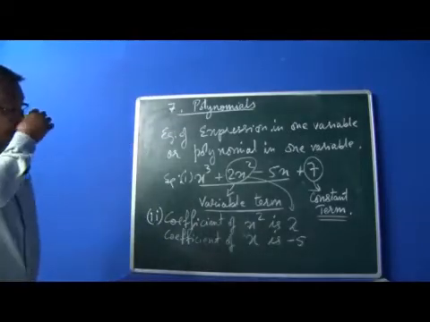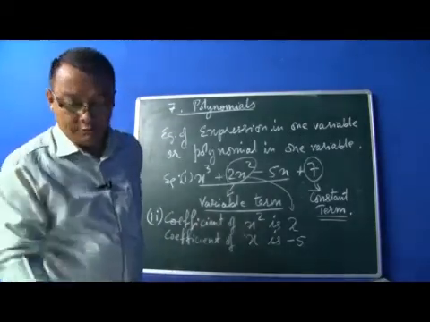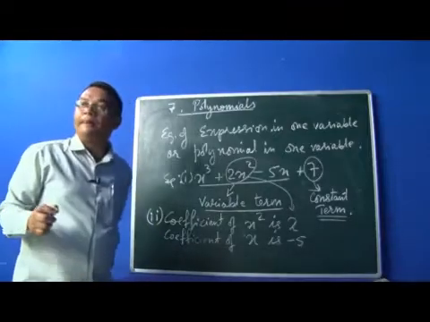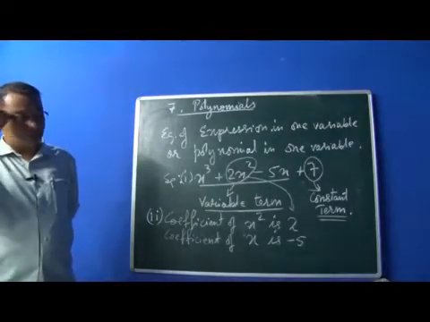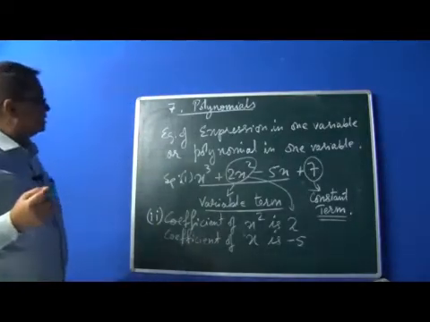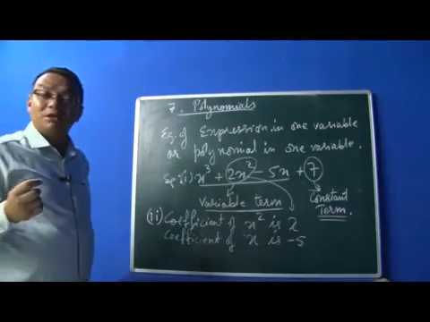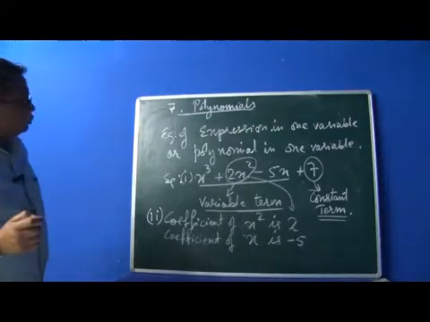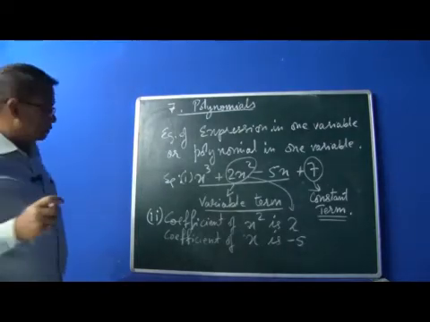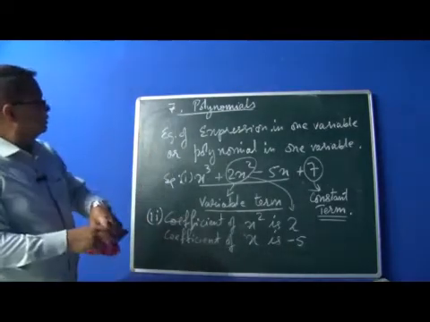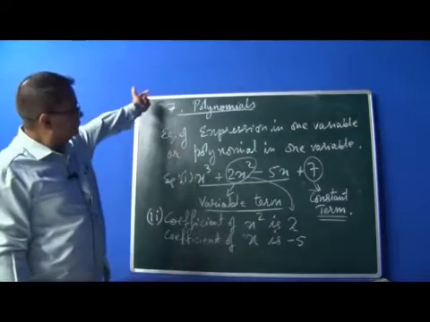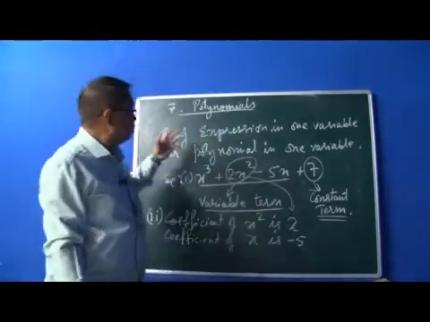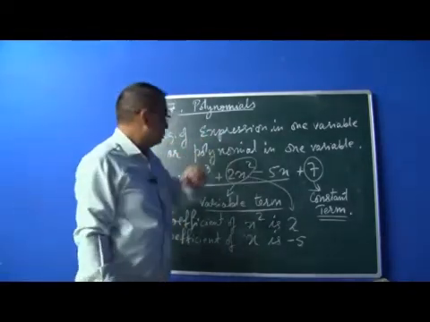So that is just a hint for the polynomial, whether based on textbooks or not. According to algebra, it is known as the backbone of mathematics. When we go with algebra, firstly we deal with polynomials, expressions in one variable.